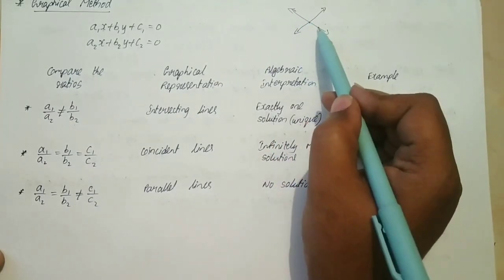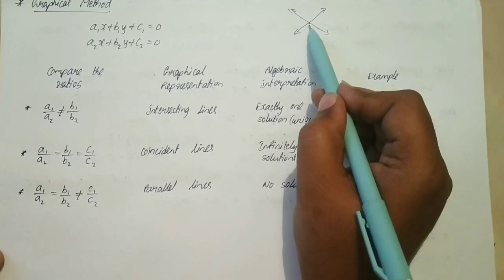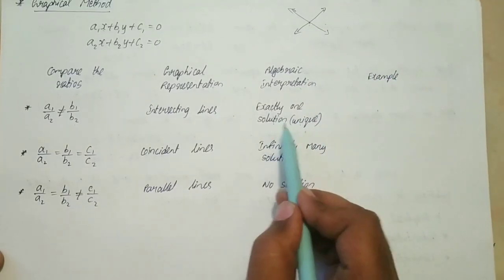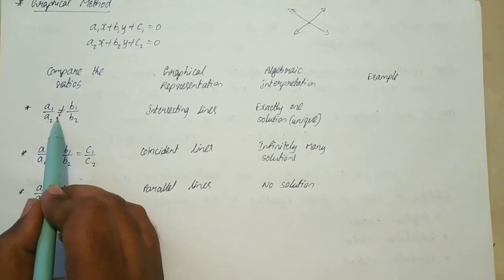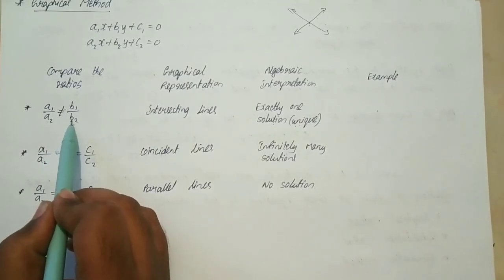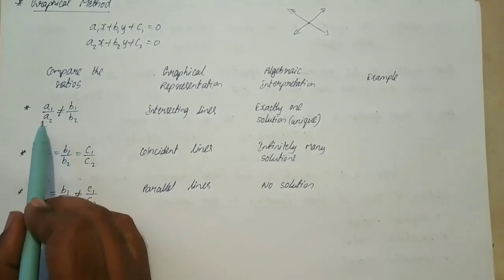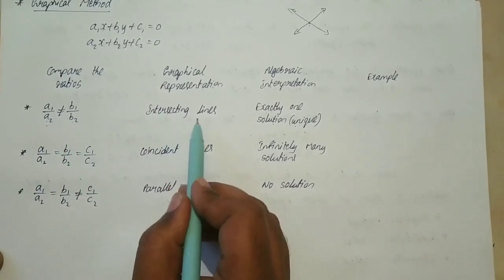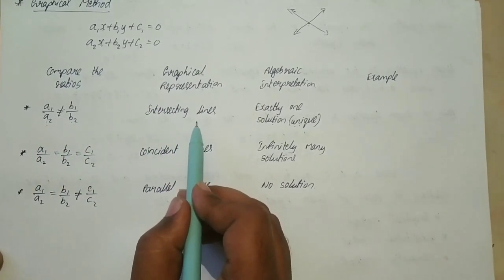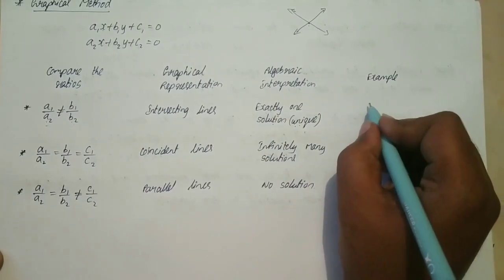Since intersecting lines have only one intersecting point, we have only one solution. So if a1 by a2 is not equal to b1 by b2 when we compare the ratios, then the graph will be intersecting lines. So for example, we will take two equations here.